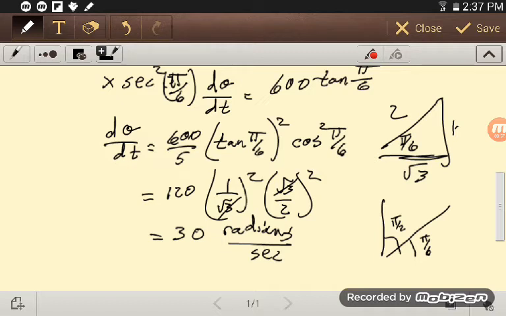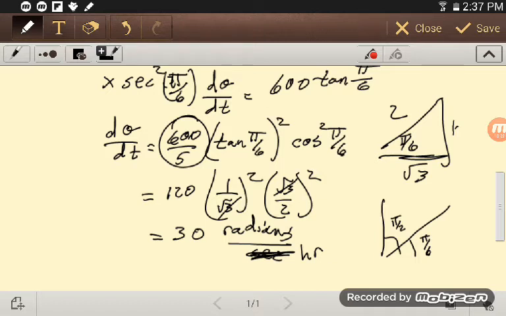And so, oh, yeah, okay. 30 radians per hour, right? Because this is in miles per hour.